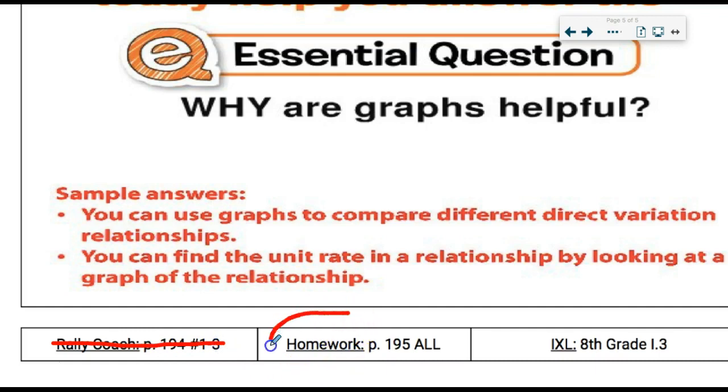I want you to use your time to work on page 195 all independently. When you finish that, today is the IXL poll. I would strongly recommend that you spend any remaining time after your homework on IXL. I'm going to be checking this sometime this afternoon or evening of Tuesday and getting that done.